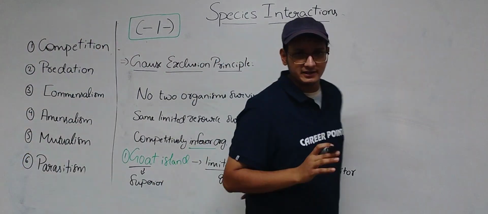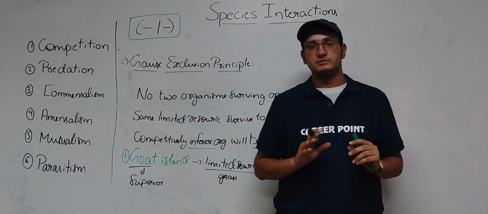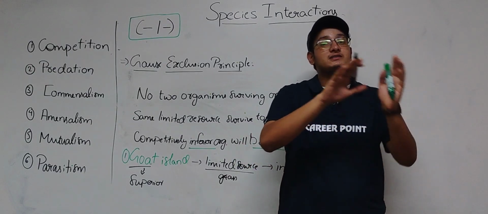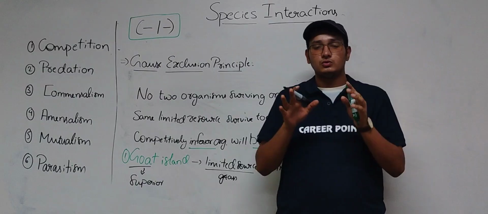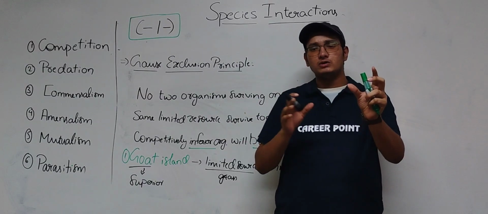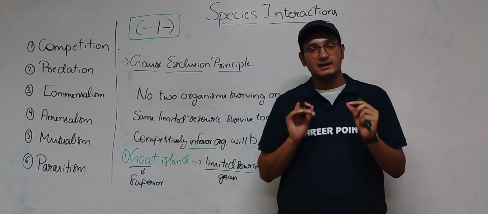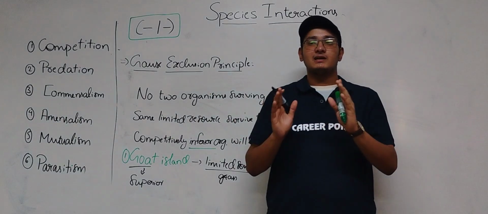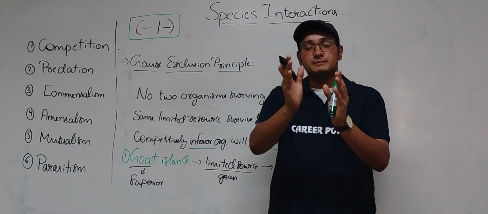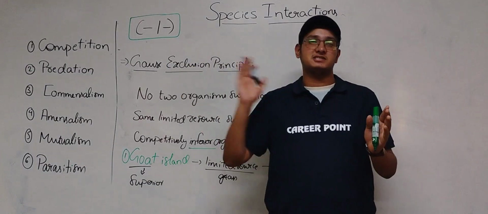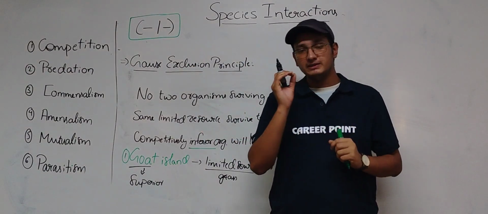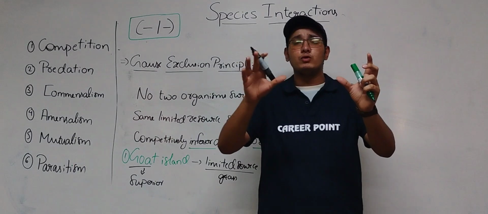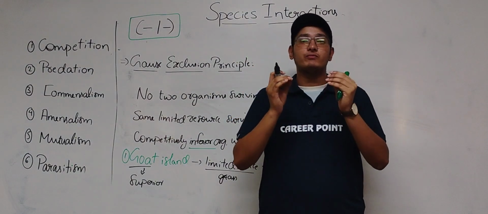So let's revise this again. There are two organisms. There is an island. A goat is introduced into the island. Along with the goat there is also a tortoise, native to that island. After some years, about 10 years, the tortoise got completely extinct because of the goat. Tell me the reason why. Because both of them depend on the same kind of food, grass.